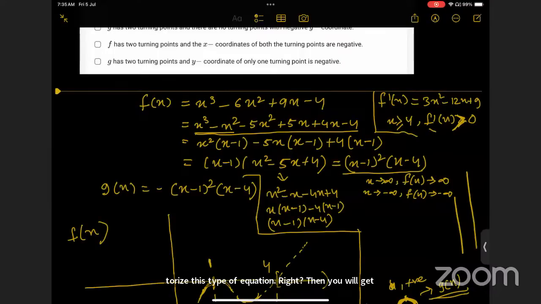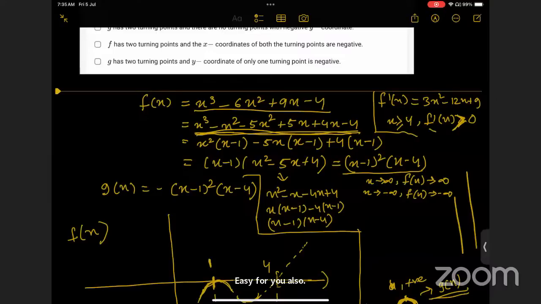There is no particular rule for it. You have to gather some experience, then you can do that. You just take random equations and try to factorize them. Then it will be easy for you also.